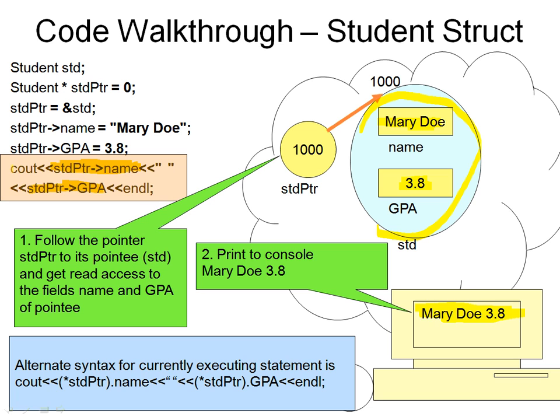The alternate syntax for this entire line will be this, where I use not the arrow operator but asterisk stdptr dot name and asterisk stdptr dot GPA. Please understand both these syntaxes properly. You can use either one. As long as you are comfortable using either one, everything is okay.